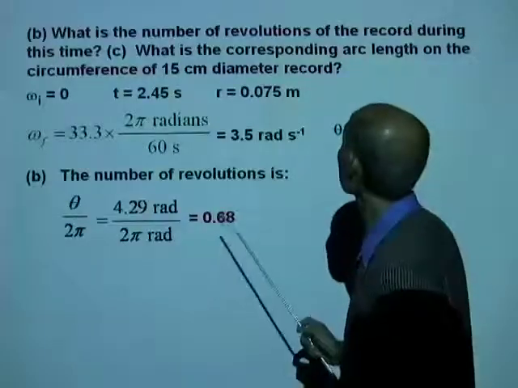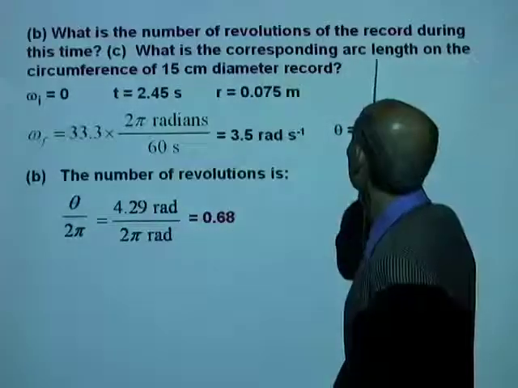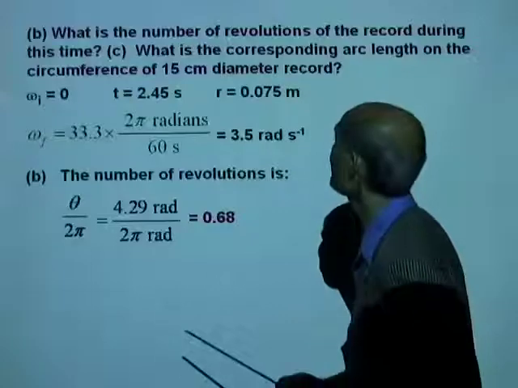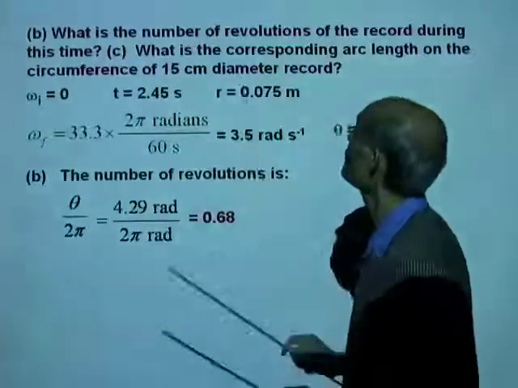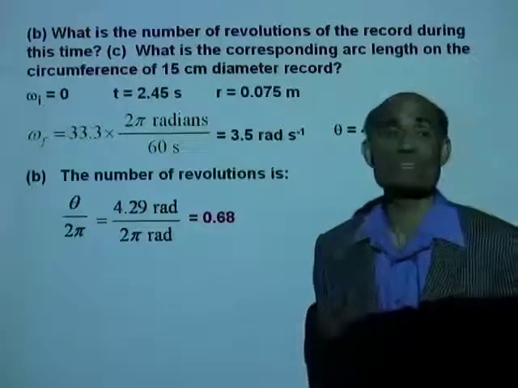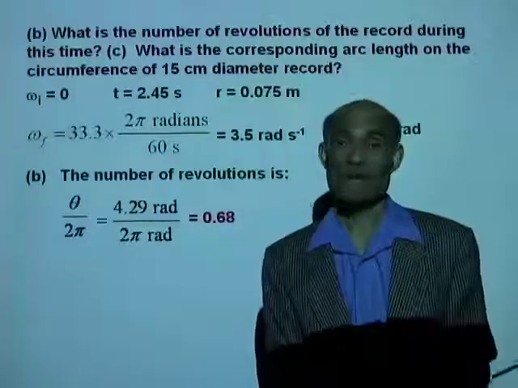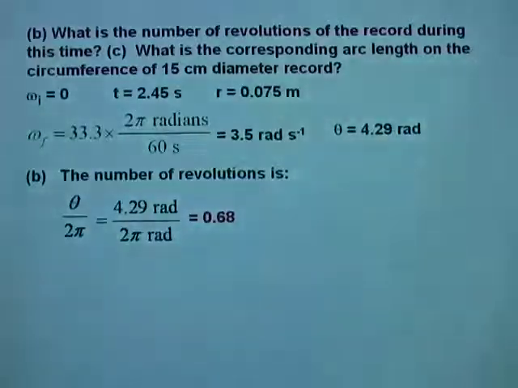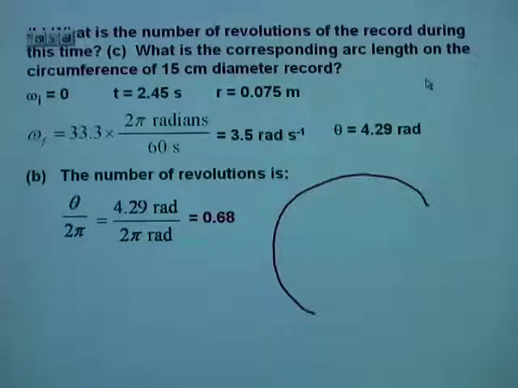How about the last part? What is the corresponding arc length on the circumference of a 15 centimeter diameter record? Well, what is the relation between arc length and the angular displacement? What happened here is the disk described an angular displacement of how much?